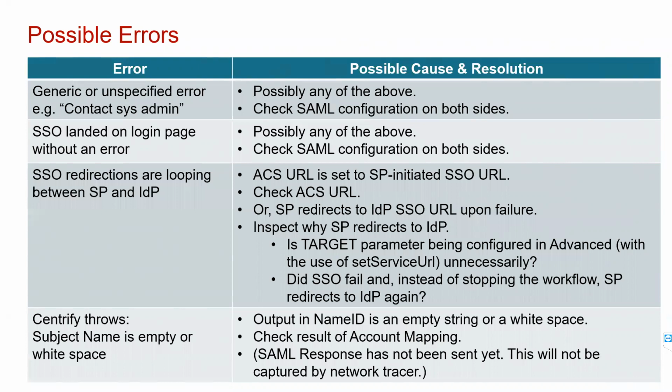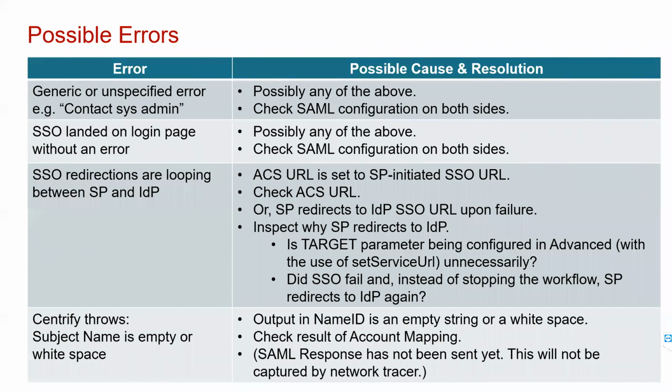Now, the third one is more interesting, and some of you may have seen this: the SAML single sign-on redirection between the service provider and the identity provider is looping. So the SP sends the user to the IDP, Centrify, and Centrify sends the user back to the SP, very likely at the ACS URL.